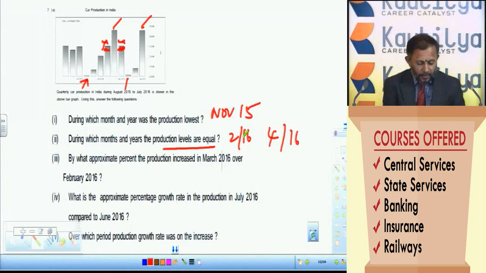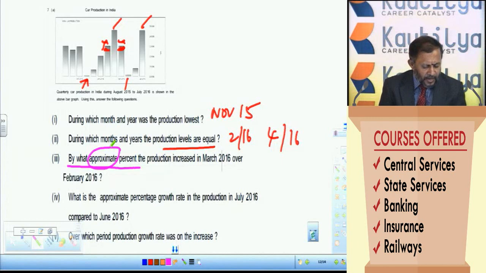The third one is by what percentage, by what approximate percentage. Here they are not interested in the exact value, they are interested in the approximate value. By what approximate percentage the production increased from March 2016 over February. So we have to observe the increase in the month of March when compared to the previous month.